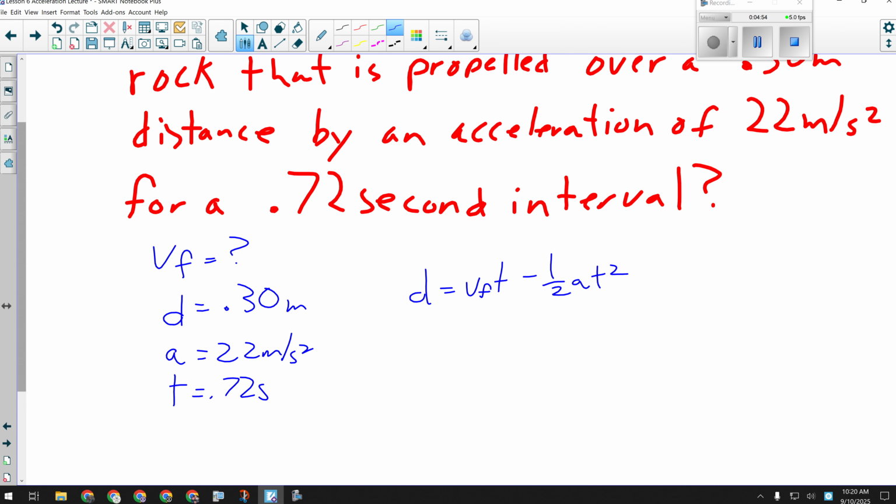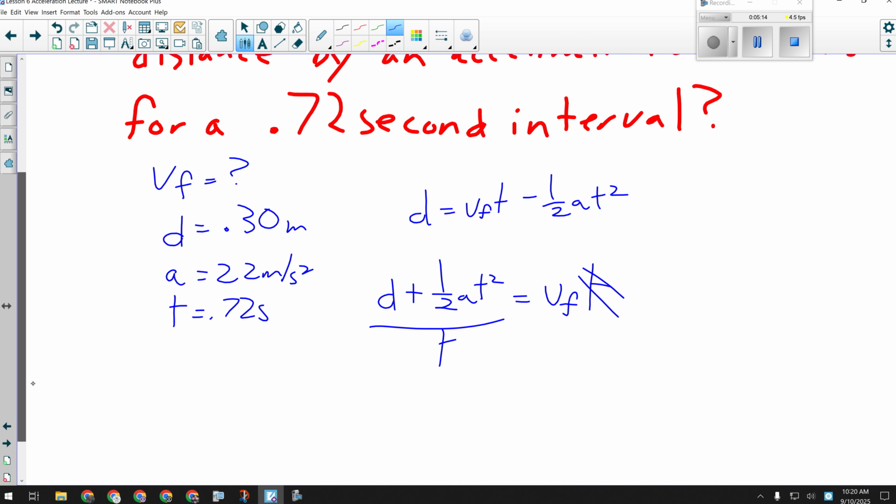How do I move it? Just add it. Just add it, exactly. So I go d plus 1/2 a t squared equals VF times t. All right, I want VF by itself. What do I do with t? Okay, now I'm solving for VF. All I have to do is plug in my numbers here.